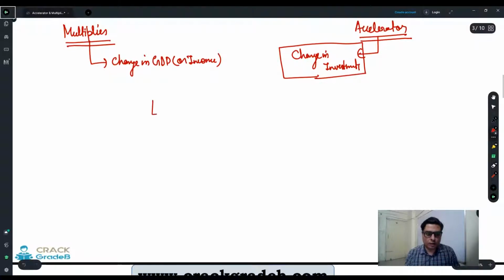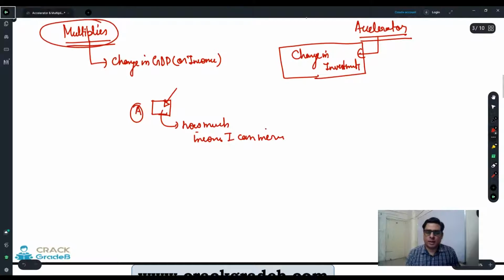Again, a pictorial kind of explanation. I have this production unit. With this production unit, how much income I can increase, that is going to be the objective of the multiplier function.